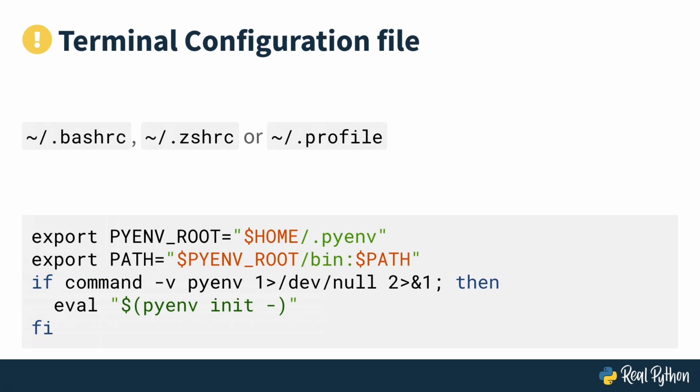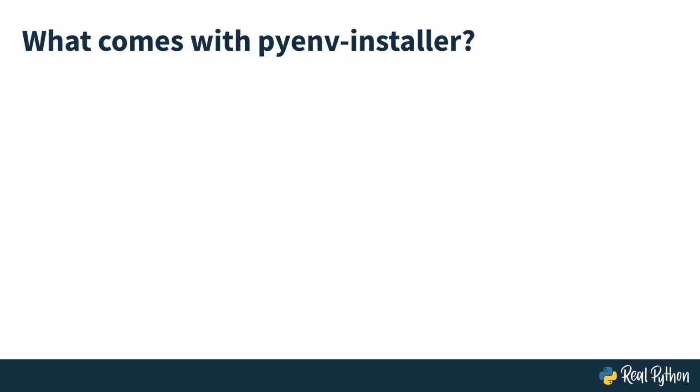I've noticed pyenv installer change the commands a bit over time, but it should be similar. When your terminal configuration file doesn't contain these commands, then you can copy them from this lesson's description. If you would like to know more about the pyenv installer project, you will find a link to the project's GitHub page in the description.